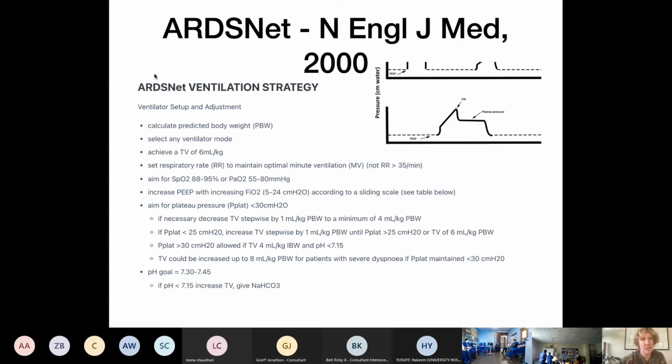At that time, conventional ventilatory strategies probably were using between 10 and 15 mils per kilo of tidal volume, so a significant difference. And then set your respiratory rate to maintain an optimal minute ventilation, but not an excessive respiratory rate of greater than 35 breaths per minute. And their target saturations were modest, between 88 and 95%.